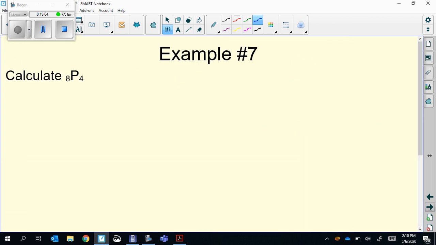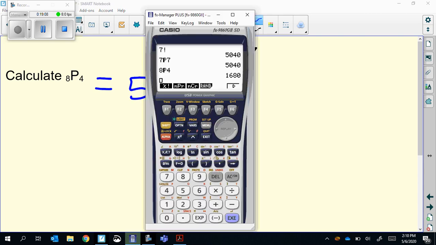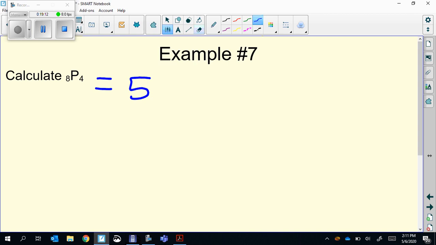So 8P4, we just did that on the last example. 1680. Now 10P5. I don't like this one because it happens to be the same situation again.